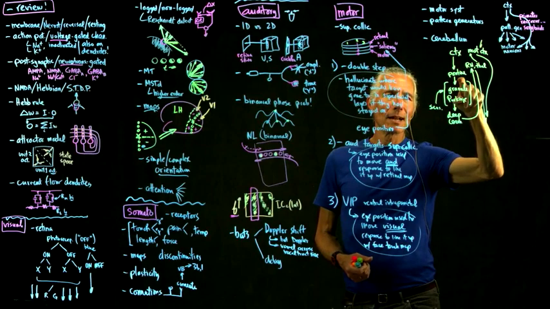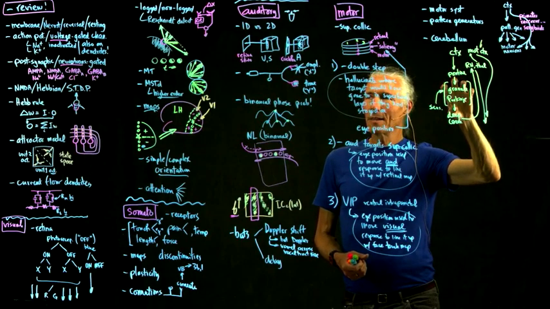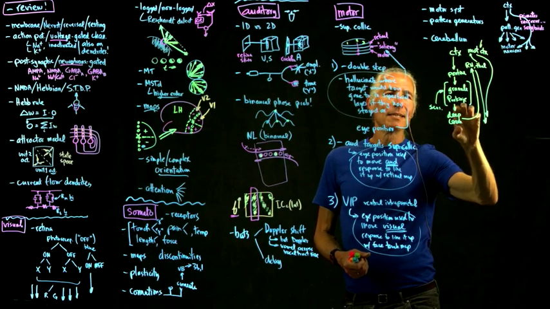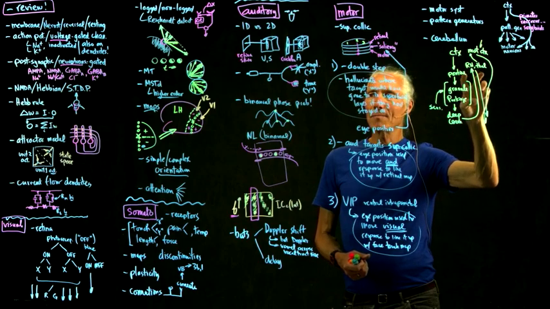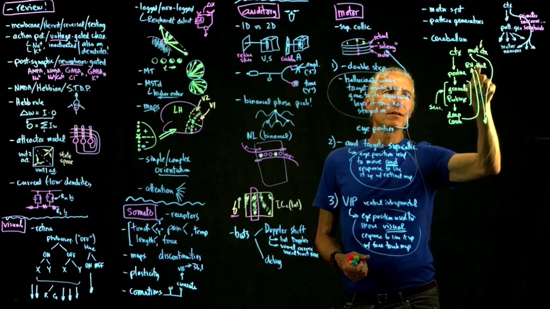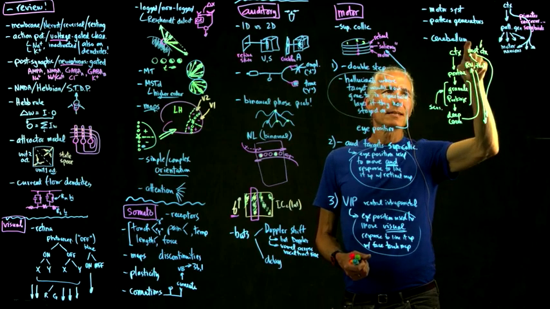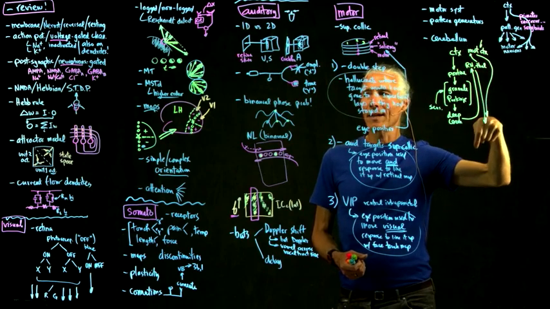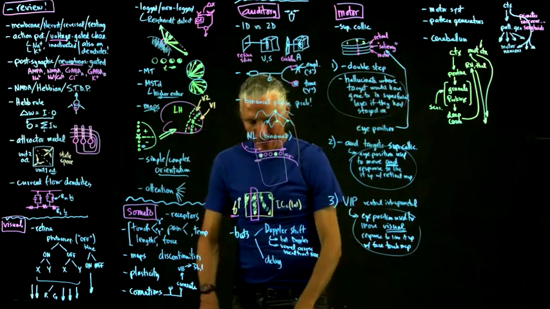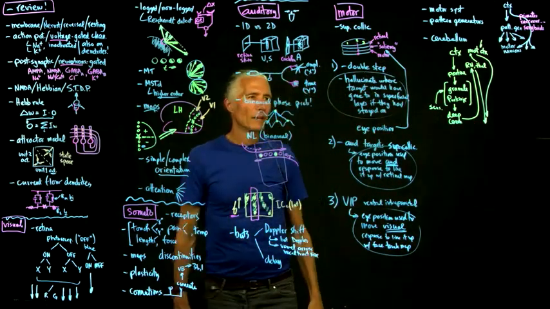Cortex, pontine nuclei, you go into the cerebellum, you go to the deep cerebellar nuclei. Those can get to the motor system either directly through the red nucleus, immediately back out, or go up to the thalamus and then up to motor cortex and back out. So that's how the cerebellum can affect a movement.